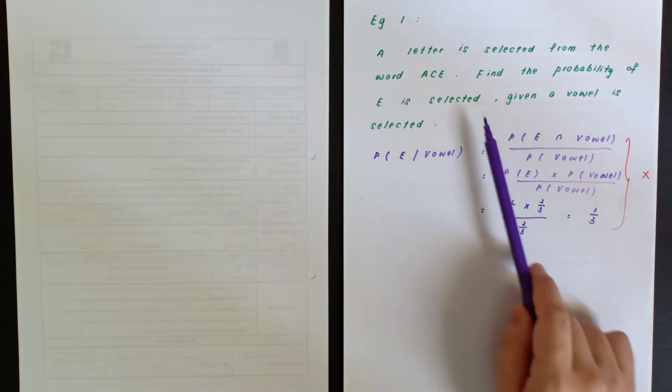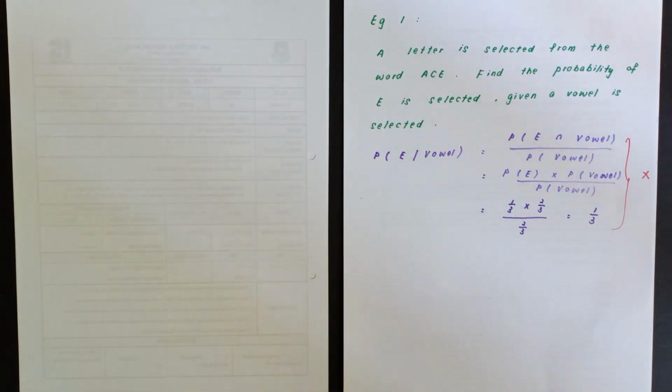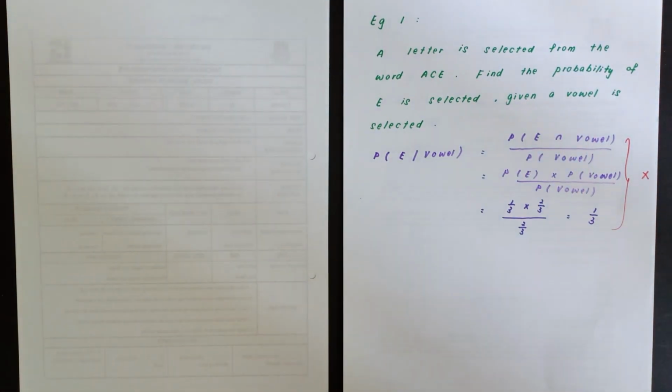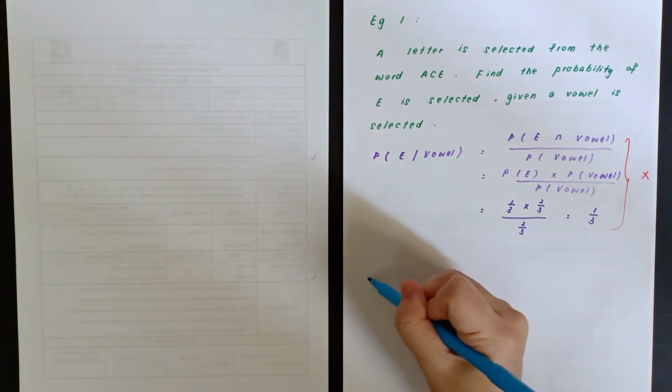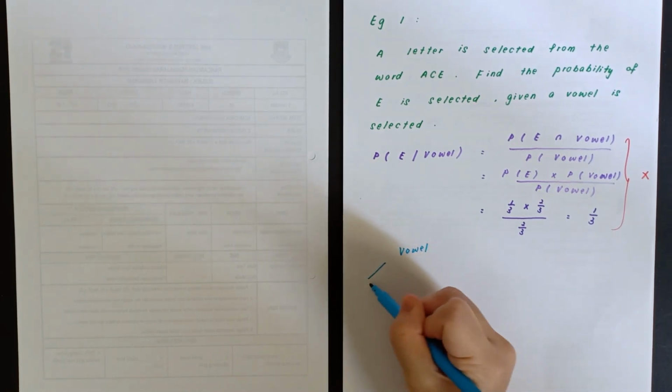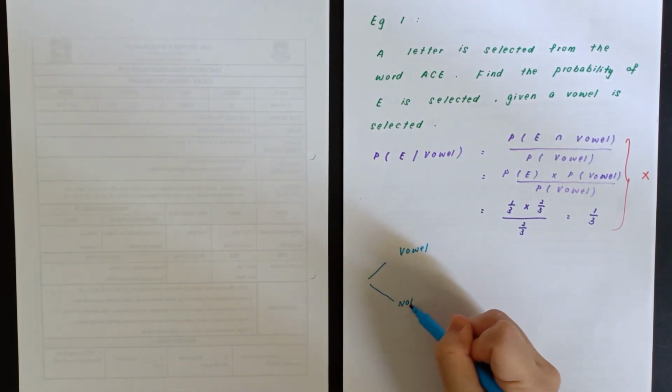Given that a vowel is selected, if I'm going to represent this in a graphic, what does that look like? I have two possible scenarios here. The first one is I might get a vowel. The second one is I might not get a vowel.